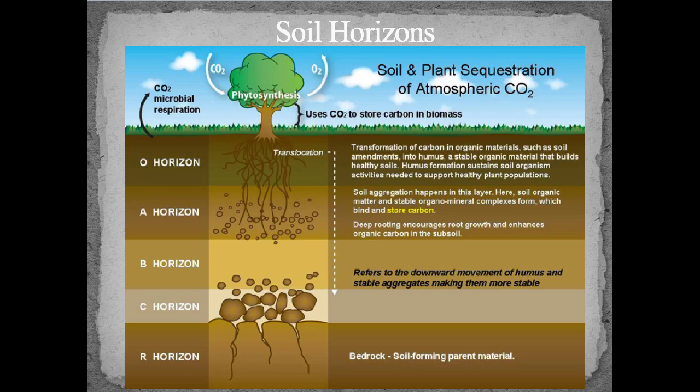Below that you have the A horizon, which has organic and minerals combined. Deep rooting encourages growth and enhances organic carbon in the subsoil in this area. Then you have the B horizon, and then the C horizon, which is the weathered material, and this tends to have the most mineral wealth, right above the bedrock.